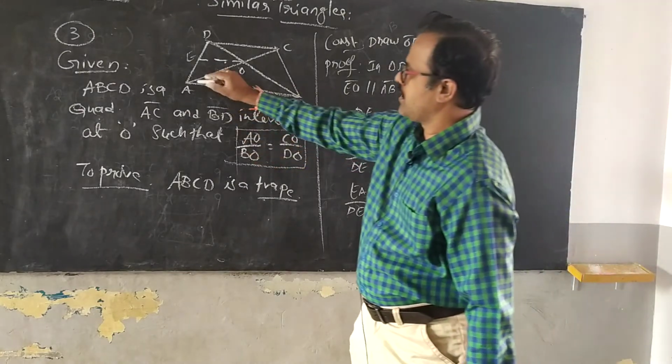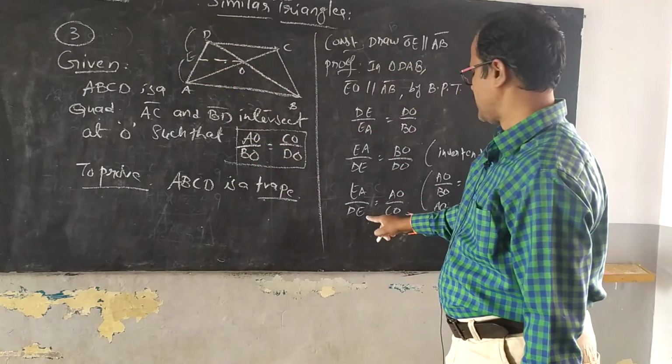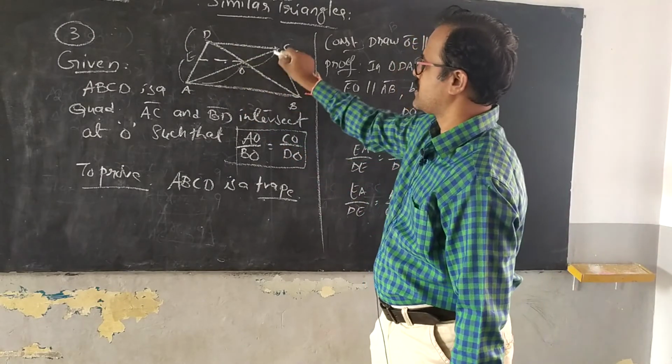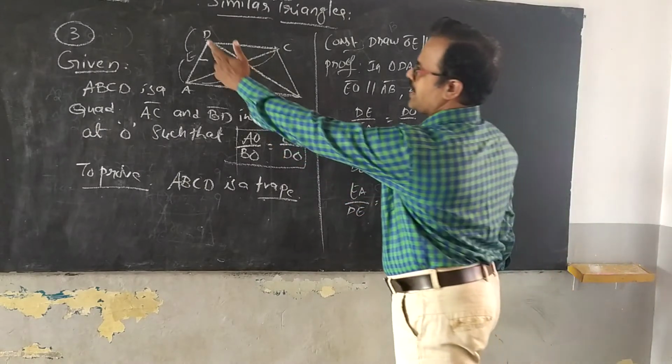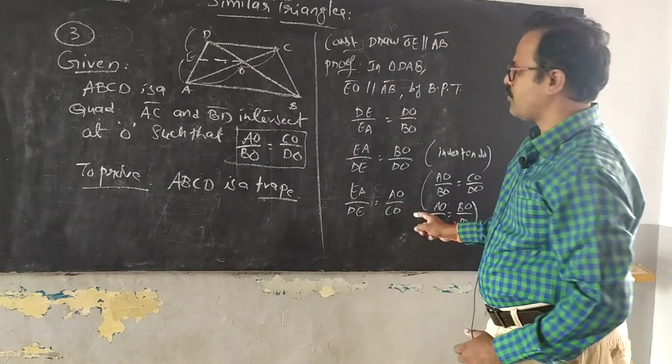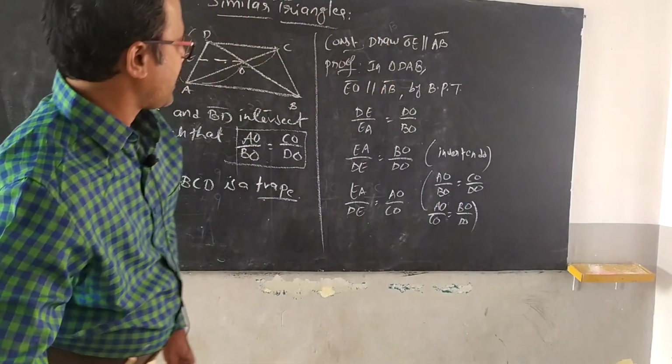Observe carefully. EA by DE, isn't it? AO by CO. Now the triangle is changed. We have taken the triangle DAB, but now we are showing the triangle DAC.